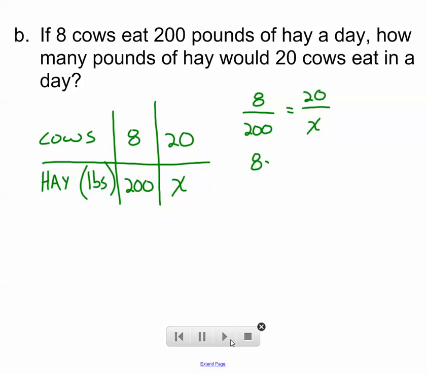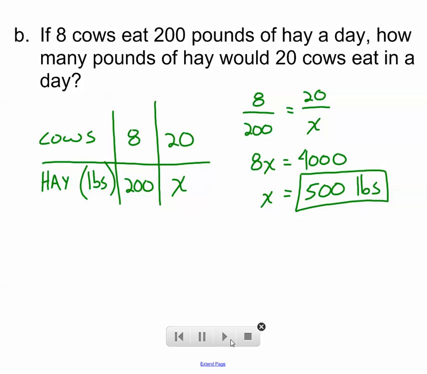Use cross products. 8 times x equals 4,000, and we'll divide both sides by 8, which is 500. Remember, my estimate was somewhere between 400 and 600 pounds. In fact, it's right between 400 and 600 pounds, just like 20 cows is right between 16 and 24 cows. So that kind of makes sense. It's exactly halfway between. It's 500 pounds.